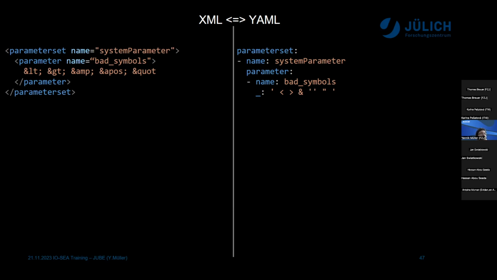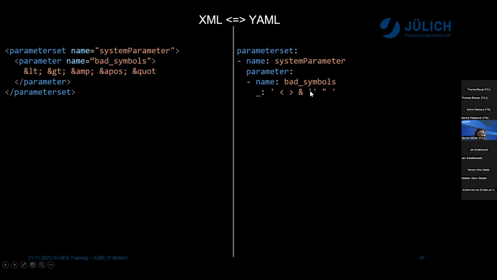And in YAML, these are also special symbols, but here it is usually enough to enclose them once in surrounding single apostrophes. So single apostrophe in YAML means everything in between is just literal symbols. I don't want you to interpret anything as an escape symbol. Yeah, there are no escapes. Of course, there has to be one exception.